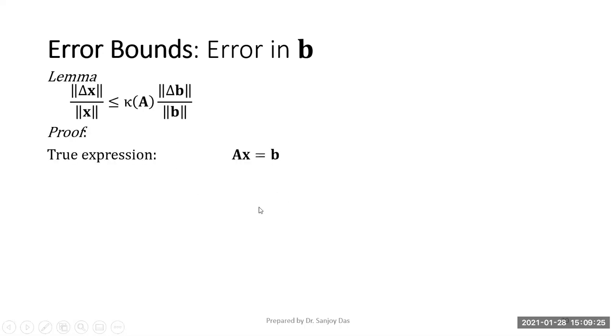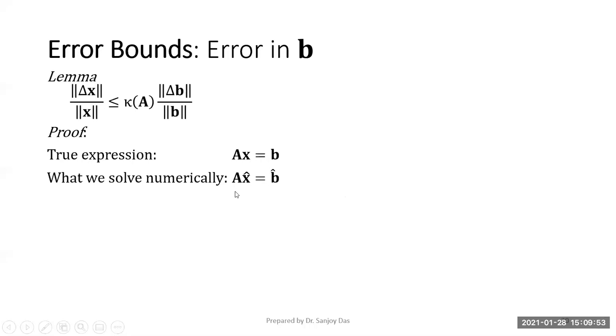Now let's prove this. If we have the true value of B, then AX equals B. We would get X, the real value of X, the correct value of X, and it would satisfy AX equals B. But unfortunately, what we have is B hat.